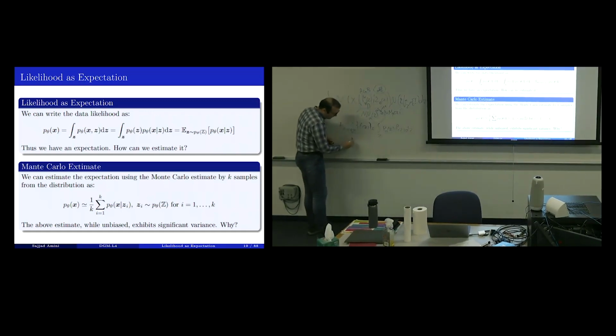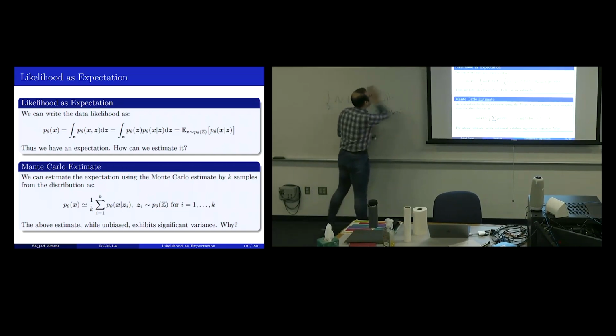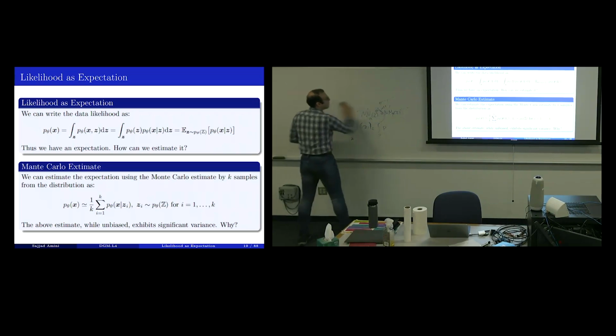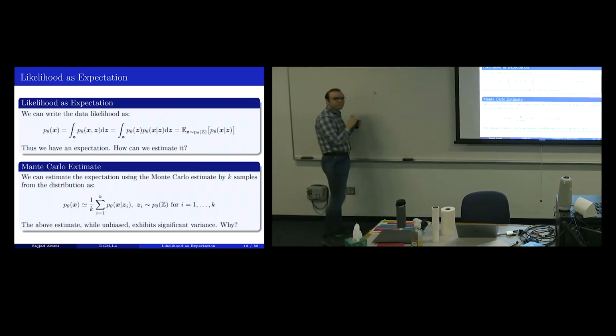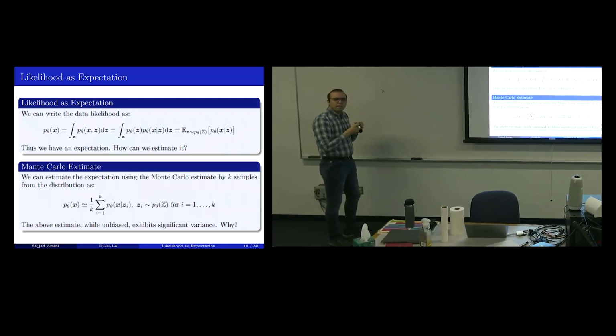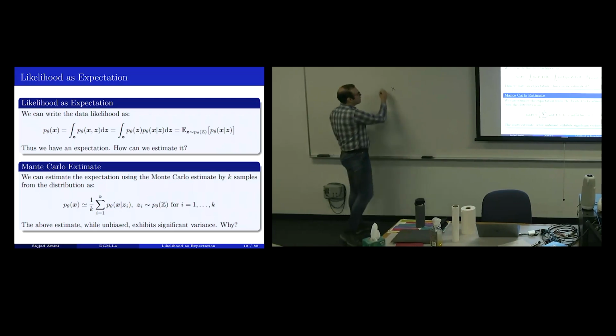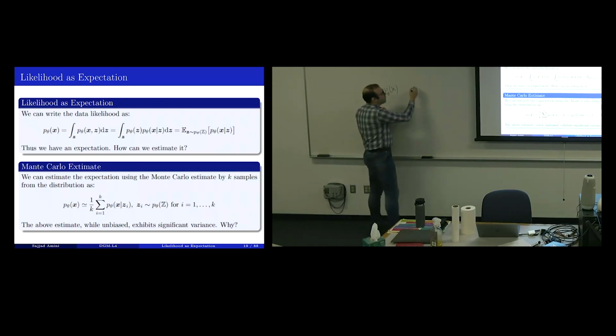You give me an x. This x is a face image. You give me a face image x. To calculate the probability that the model gives to x, I should do the procedure here.